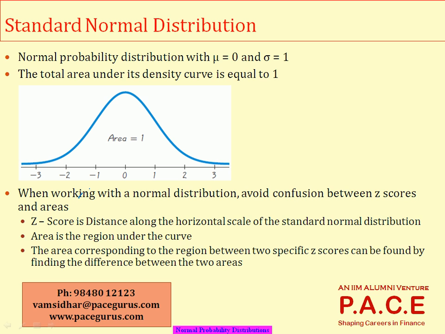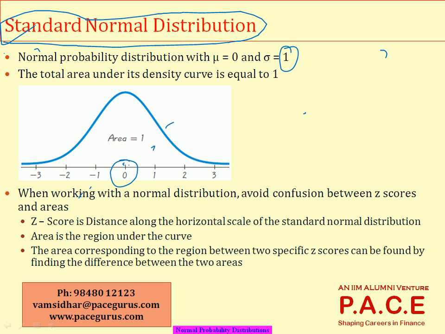Now if I am talking about a normal distribution like this, which is bell shaped, if it has a mean of 0 and a standard deviation of 1, I call that a standard normal distribution. In a normal distribution, I can have any mean and any standard deviation.